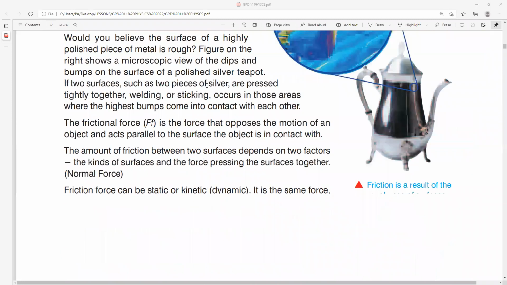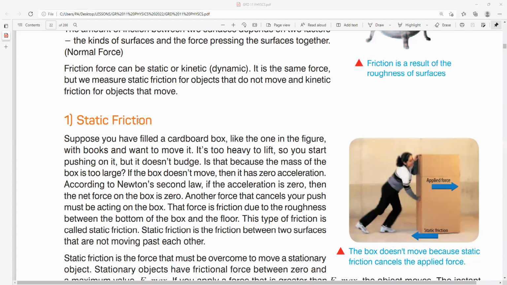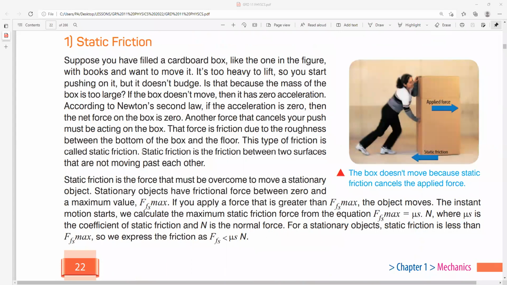We have two types of friction force, static friction and kinetic friction. Static friction, before start moving, you see definition here. Static friction is the friction between two surfaces that are not moving past each other. Object at rest, you are trying to push, but object is not moving.